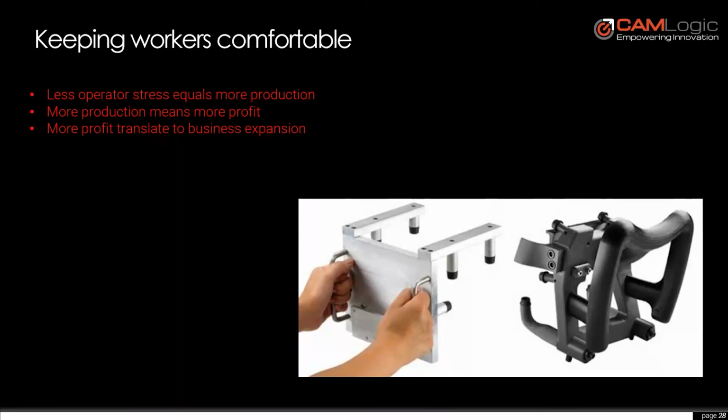So if your workers are more comfortable and they can move faster, that also means more profit. And when you have more profit, then you have more money to work with for business expansion or exploring new revenue applications or tools that you might be able to be making.